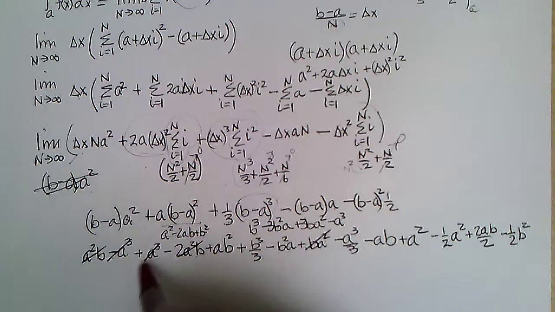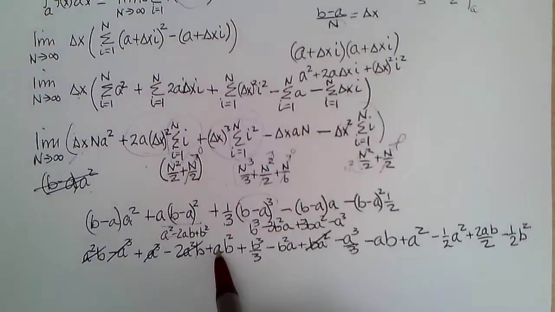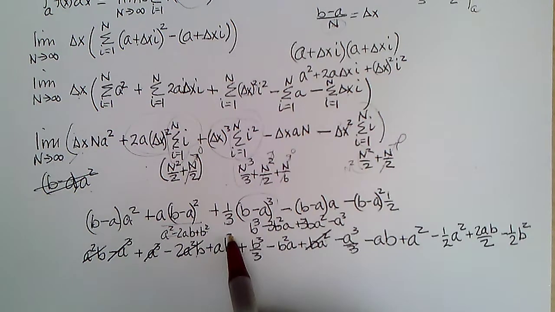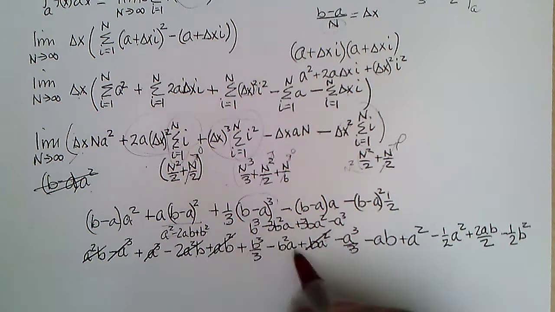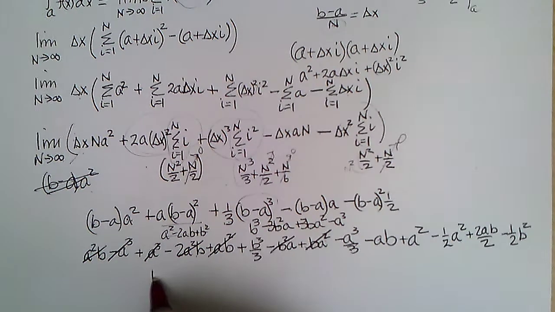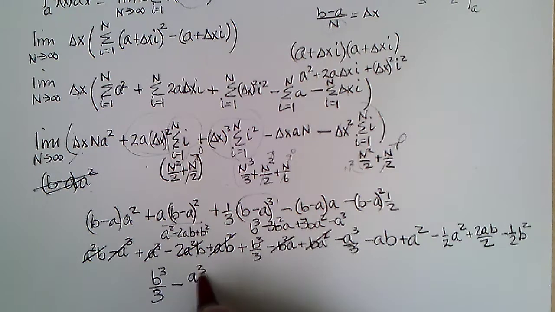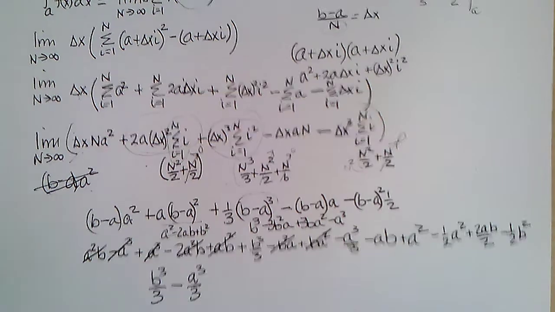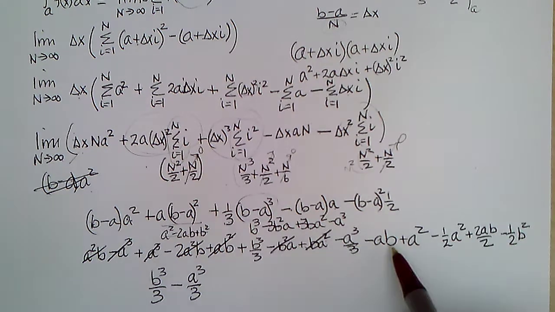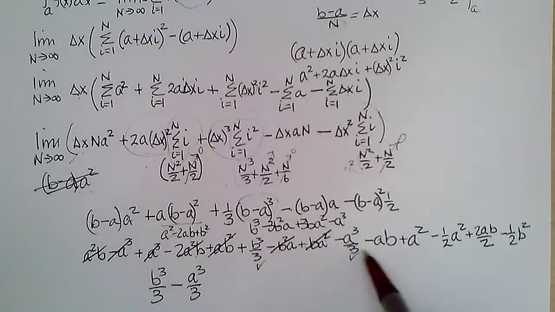Those are going to cancel out. I have an ab squared minus ab squared. Those are going to cancel out. I have b to the third over 3 minus a to the third over 3. That takes care of that one and that one, so I'm all the way to there.